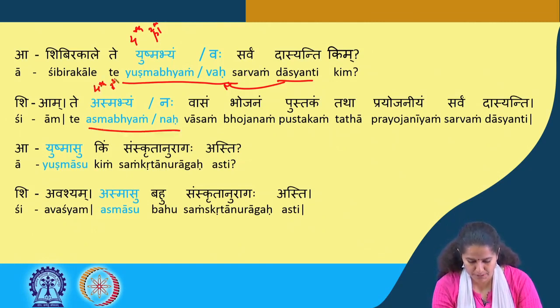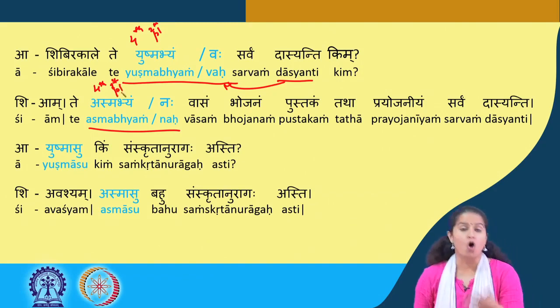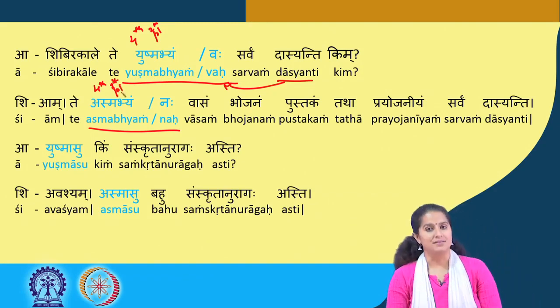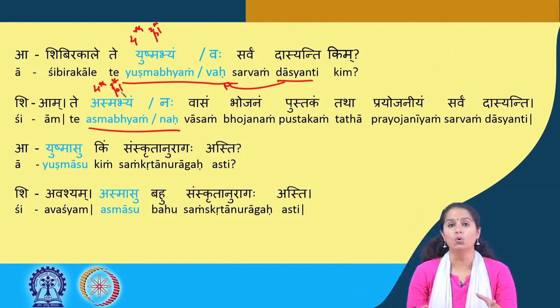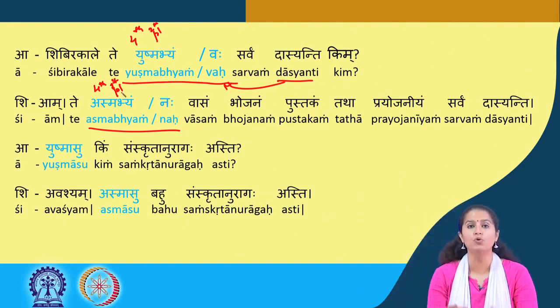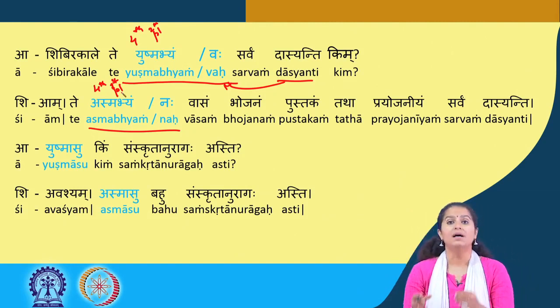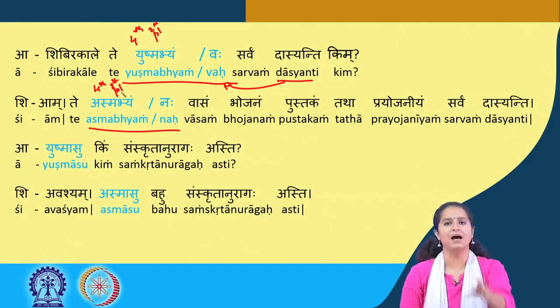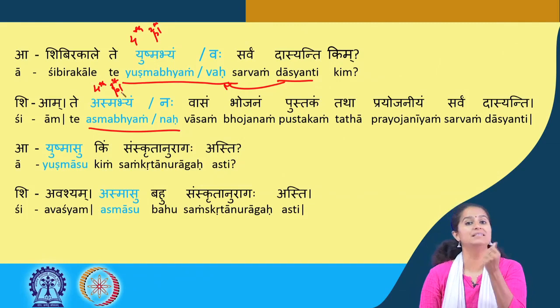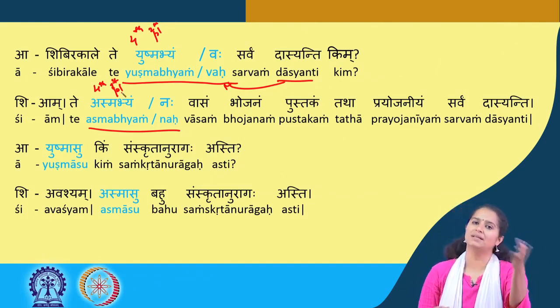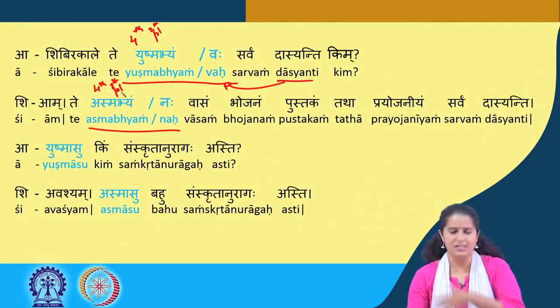Fourth for the first person plural. Or naha vasam, stay, bhojanam, food, pustakam, books, tatha prayojaniyam sarvam dasyanti. Prayojanam means needs, what you need. Prayojaniyam, all that is needed. Prayojaniyam sarvam dasyanti, they will give.